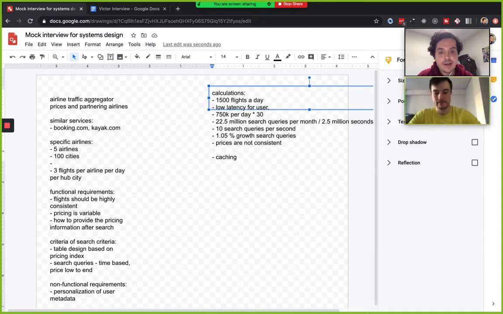So based on that, we could have flight information, at least the top 20 results for that time, be cached there.